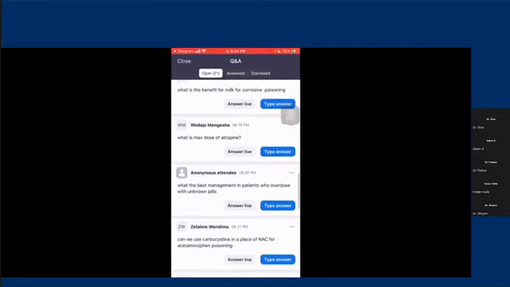What's the best management in patients who overdose with unknown pills? As I said, most of the time it's very difficult to clearly know which specific agent the patient took.